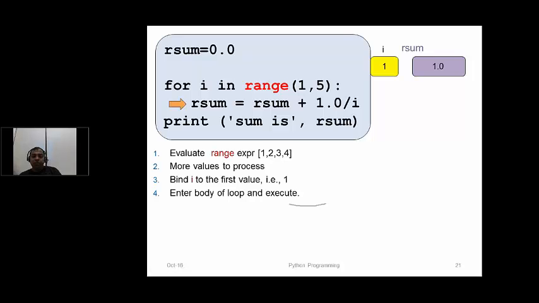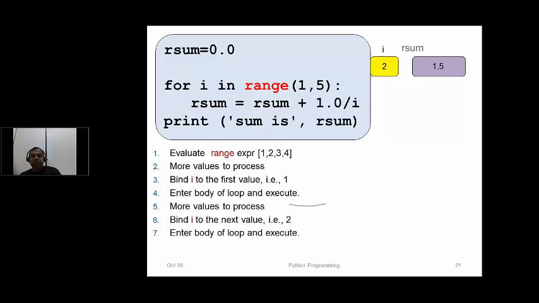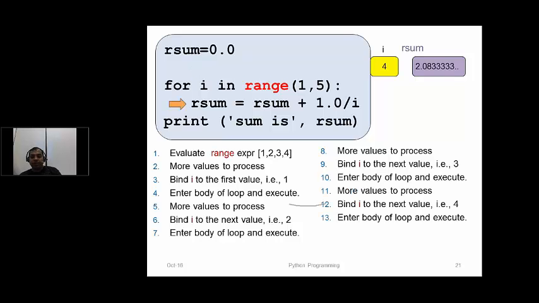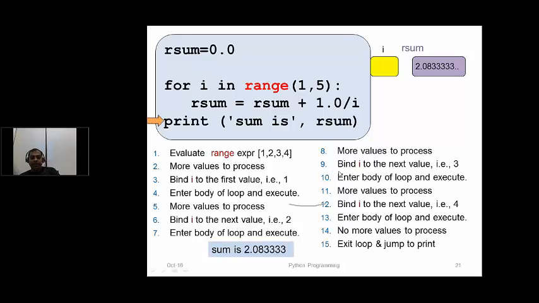Then you enter the body of the loop and execute it with the current value of I, that is 1. After that you have more values to process because 2, 3, 4 are not yet processed. So you bind I to the next value, execute the body of the loop, and so on. You keep doing this until there are no more values to process, because we have taken care of 1, 2, 3 and 4, all of the values. At this point you exit the loop, jump to the print statement and print the value. So this is how a for loop is executed.